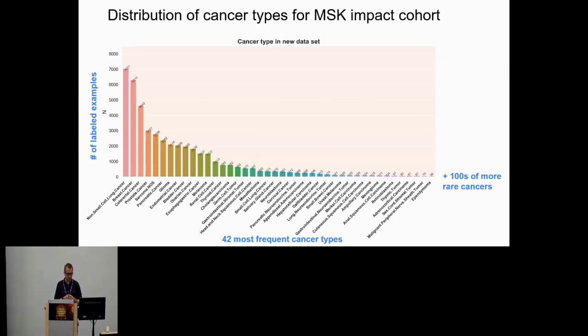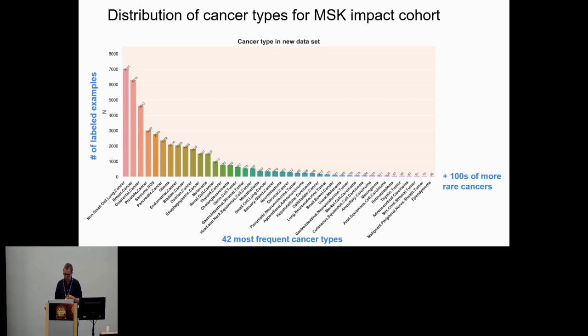So there's about two orders of magnitude difference in the amount of patient data between the most common cancer types in the cohort, which are a large proportion of the MSK patients, and the least common cancer types that Madison included in her classifier. And so that obviously, if you do machine learning, creates some difficulties because of massive class imbalance. There's hundreds more patients with rare cancers. There's dozens of more rare cancers that aren't even shown here.